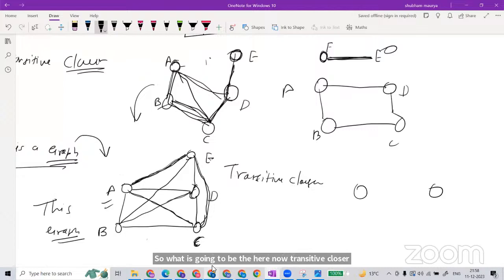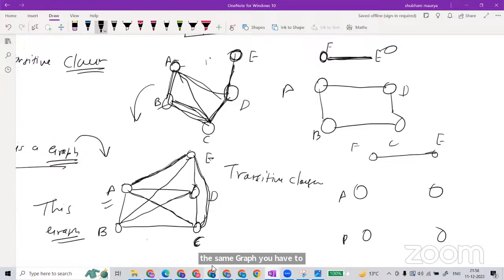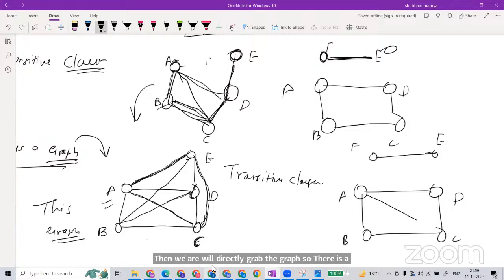So what you have to do is draw the same graph. Now we'll start again, thinking if there is a path, then we'll directly draw the edge. There is a path already between A and C, so I need to draw this one and this one.